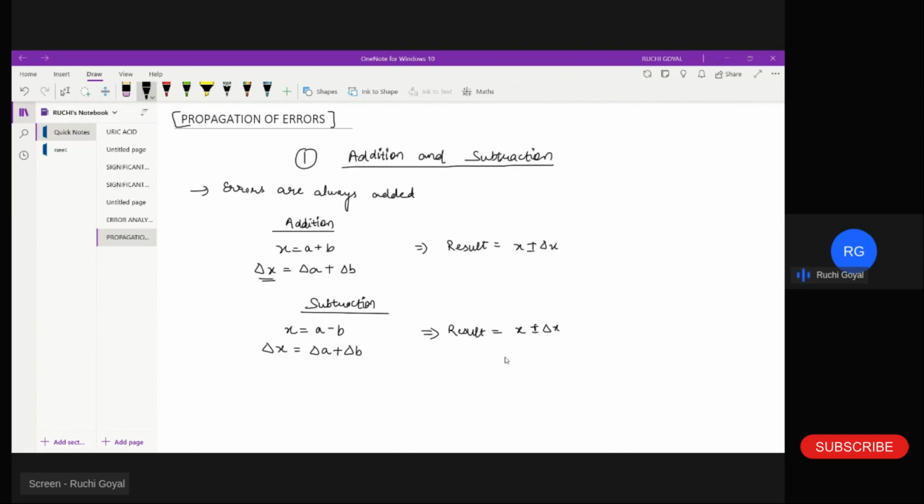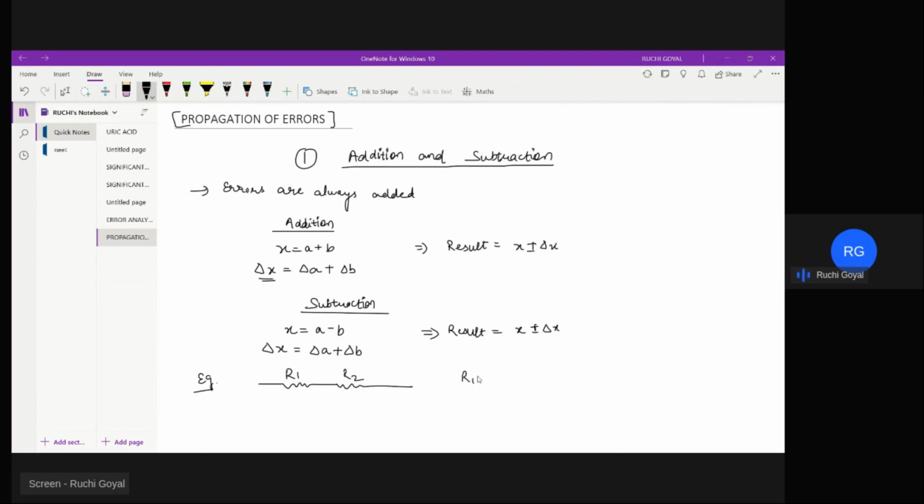Yes. Suppose we take a question in which we use values. For example, there is a combination of resistances. This is R1, this is R2, right?